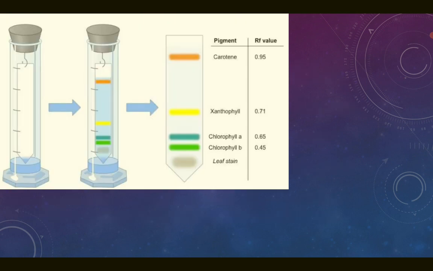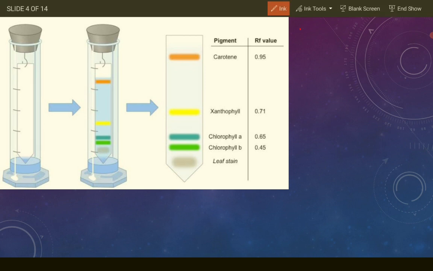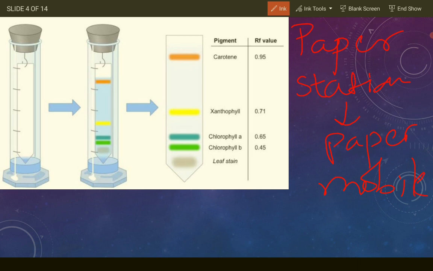It was the introduction. So here you can see this is paper chromatography. This figure shows paper chromatography. In paper chromatography, the stationary phase, the phase that does not move, is the paper, while the mobile phase that moves is some organic compounds.